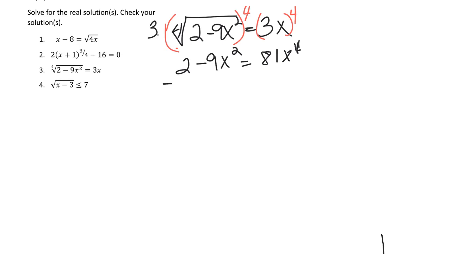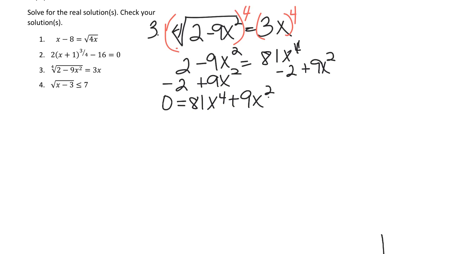So we're going to move the 2 and the 9x squared to the other side. Add the 9x squared. So we have 0 equals 81x to the 4th plus 9x squared minus 2.